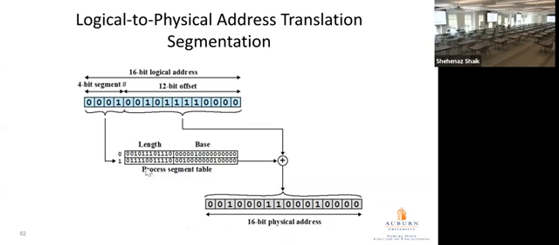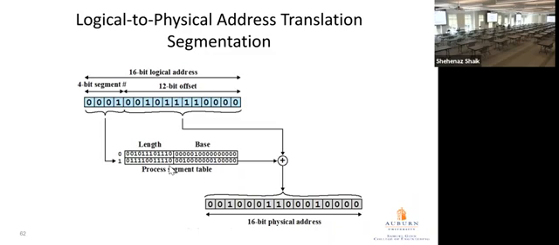From this, the second part over here gives the base, or the starting location, where this segment is loaded in physical memory. And the other part, the length in this table entry, gives us the size of this segment, or the maximum addresses that are available as part of this segment.